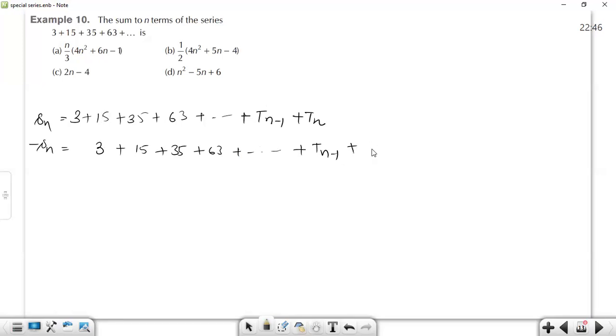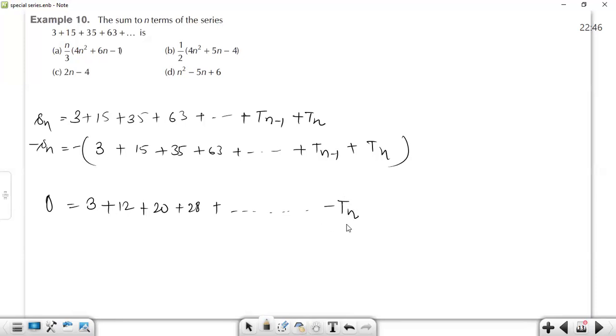We have shifted the whole sequence one place ahead. So on the left hand side this becomes 3 minus 0 is 3, 15 minus 3 is 12, then 20, then 28, and then the last term minus tn, because we have multiplied by minus in the whole sequence.